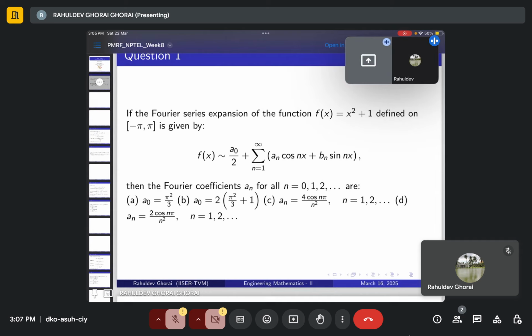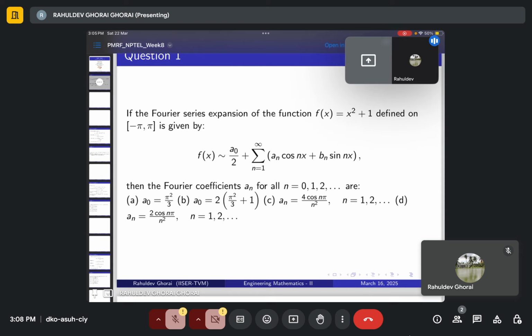I mean, they are well studied trigonometric functions. So we can handle them, and if we can handle them, then the linear combination or the infinite sum of sine and cosine, that also we can handle.